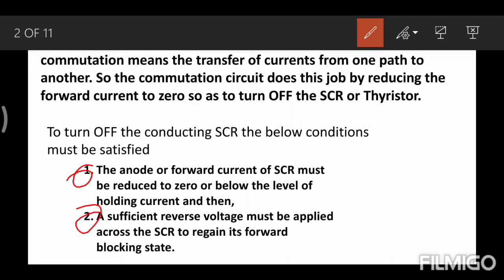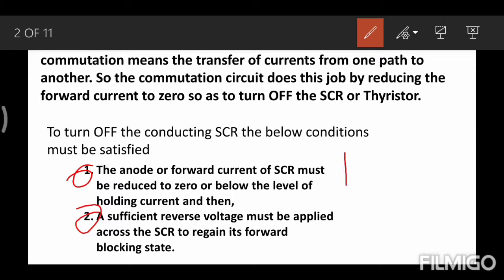That means there is no flow of current in the SCR, by applying the reverse voltage. By applying sufficient reverse voltage we convert the SCR into the forward blocking state.